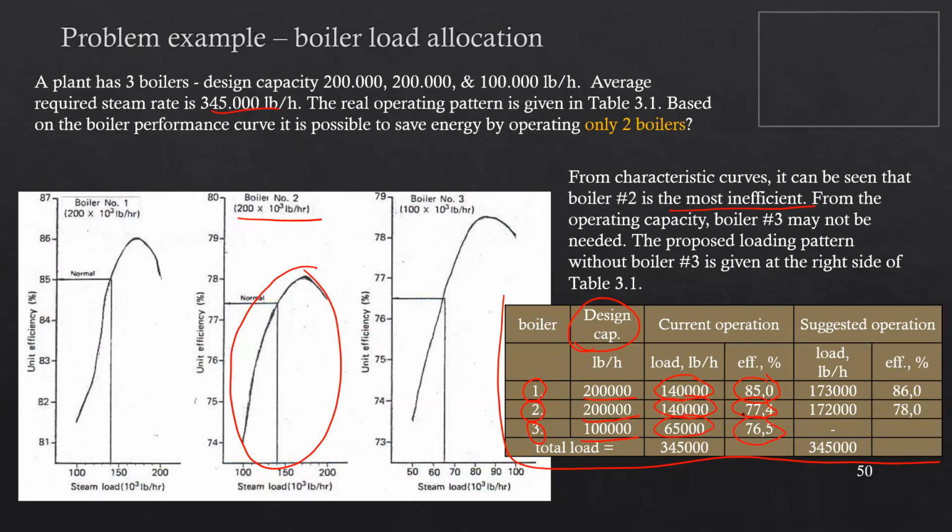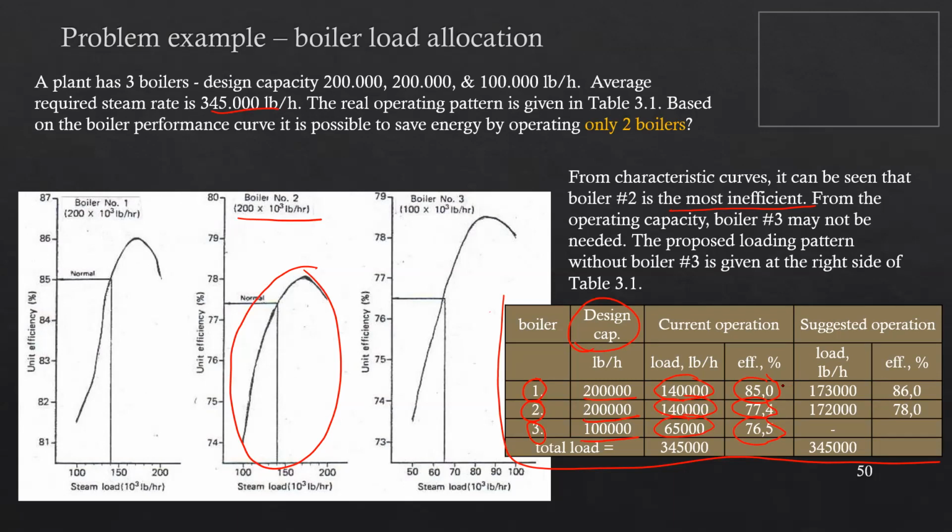Okay, on the right-hand side, we have another suggested operation, considering that only 2 boilers are used in this process, by adjusting the capacity load.